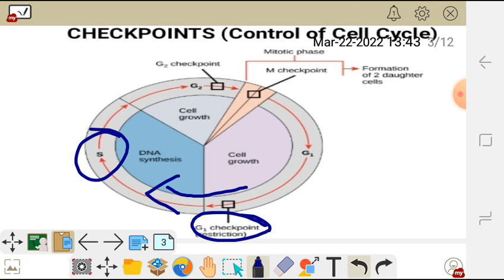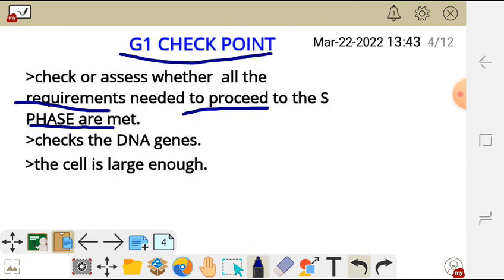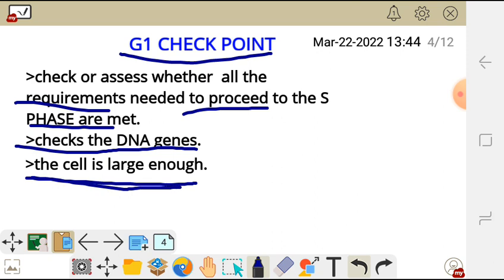So that's what is checked under the G1 phase. Another thing is that the DNA genes are also checked if they are in good condition, and the cell is large enough. So the G1 checkpoint also checks if the cell is large enough to proceed to the S phase.